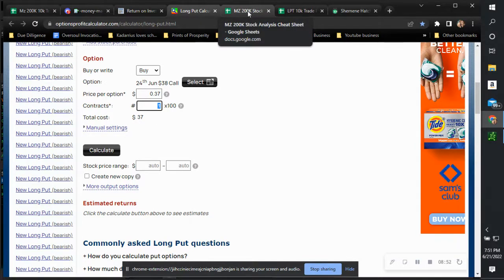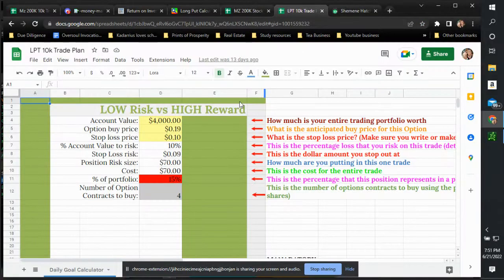So I'm going to go to my spreadsheet and I'm going to put in $100. And it will tell you how many contracts that you can buy.